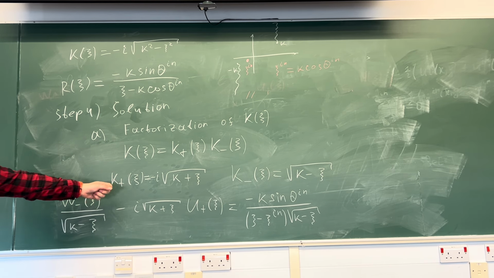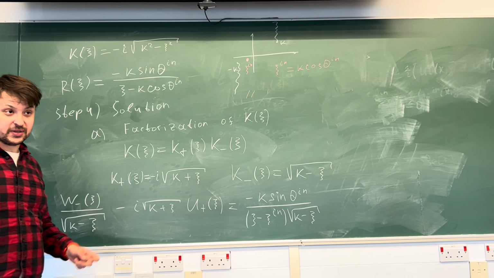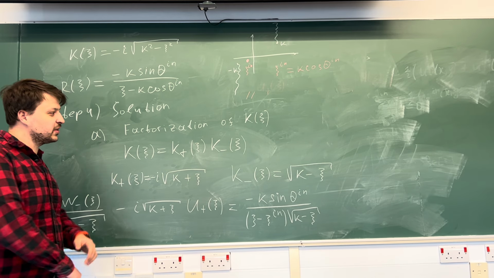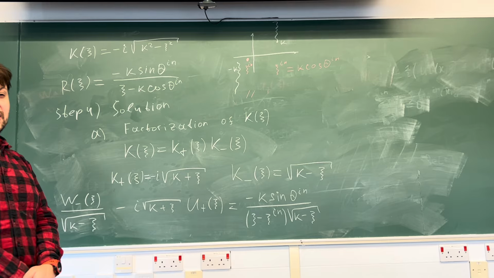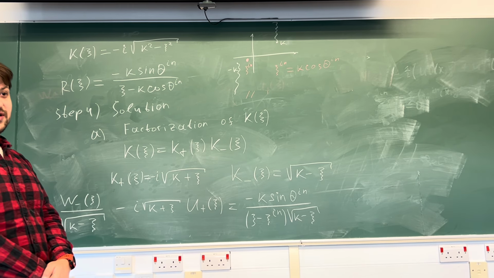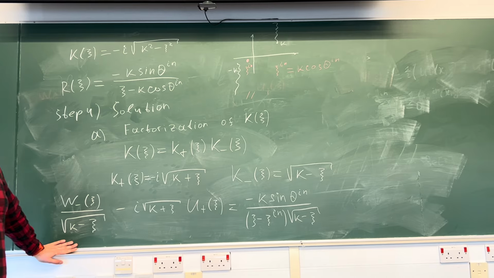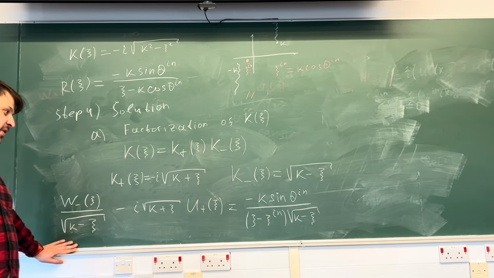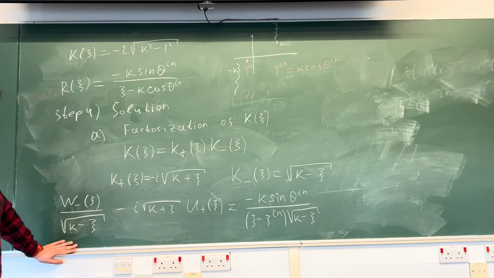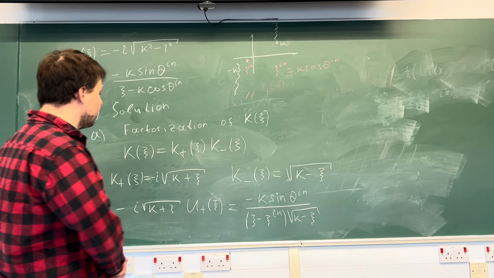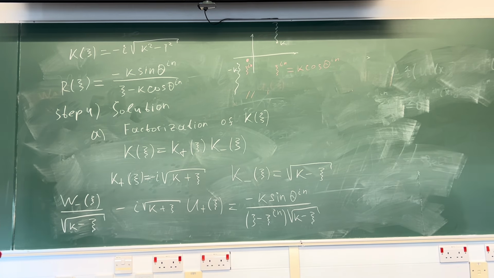Actually, when we do a factorization, there is a second requirement. These factors should not have any zeros in their half planes. Otherwise, when we divide, this thing will have a zero and our procedure will fail. To be honest, the procedure will not fail, but then we will be required to do some additional steps.